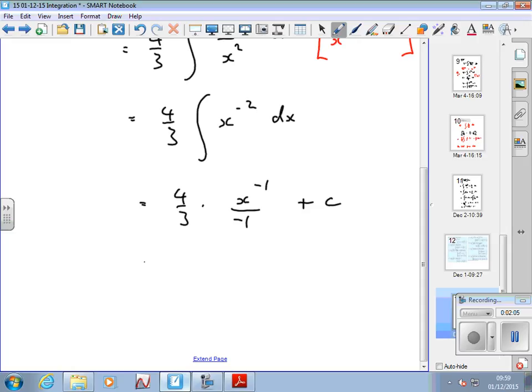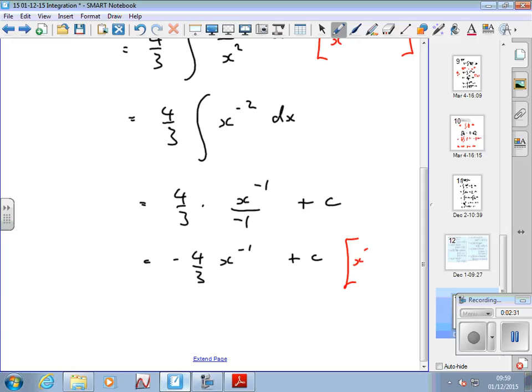I wouldn't leave it like that because I'd multiply these two fractions together. 4 times x to the minus 1 over 3 times minus 1. So effectively it becomes minus 4/3 x to the minus 1 plus c. But x to the minus 1, that's correct.